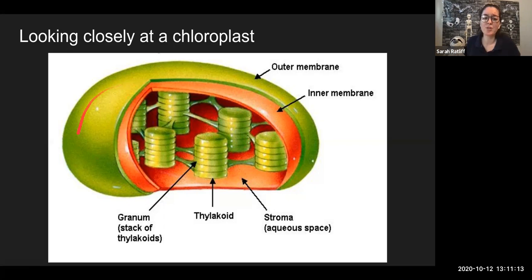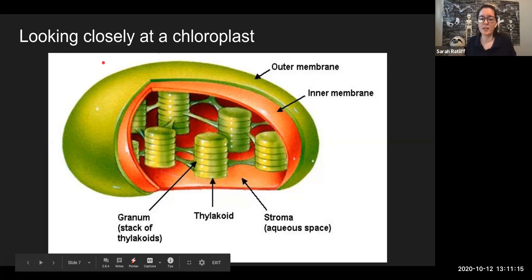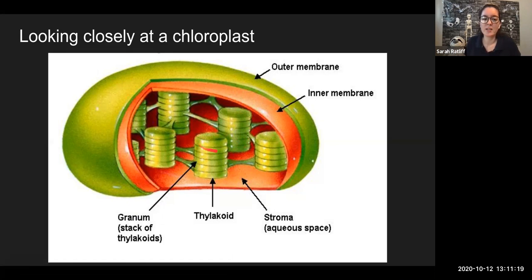So chloroplasts have two membranes, an outer and an inner. They have things called thylakoids. So we see these stacks of discs. One of those discs is called a thylakoid. And a stack of those thylakoids is called a granum. These grana are situated inside the chloroplast, but they're not just hanging out in a vacuum with no air.